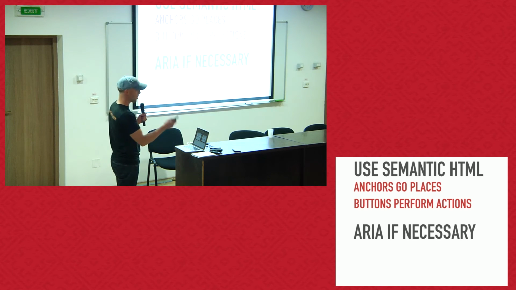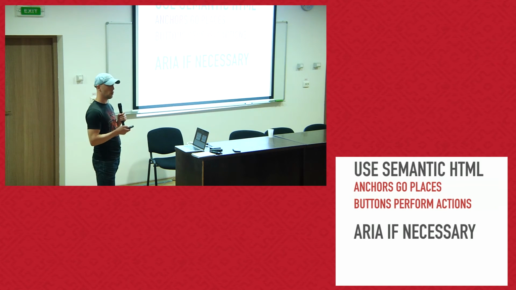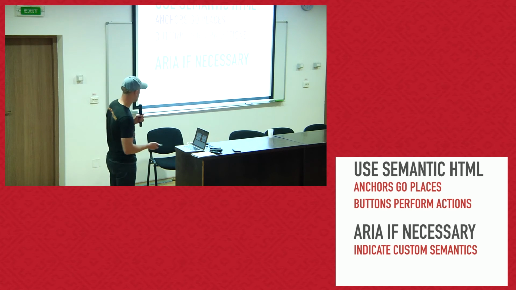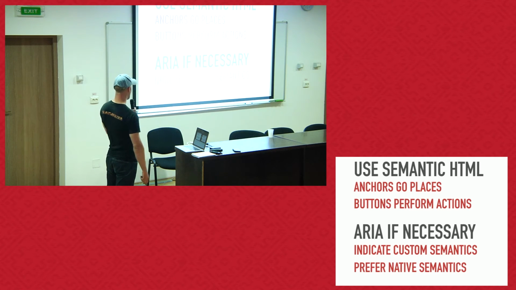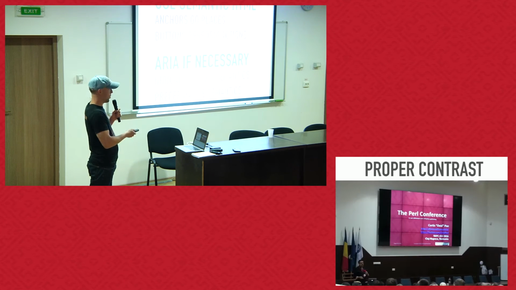You can make divs with spans and everything behave as a drop-down, and you can indicate it with ARIA attributes, but you've got to script all the handlers. I can make a div be a link, but I'm going to have to script the click. I'm not going to be able to use my normal keyboard combinations on it to open it. I can't open it in a new tab because it's not a link. So if you don't have to use ARIA, please don't use it. Just use it to improve the accessibility of your DOM.